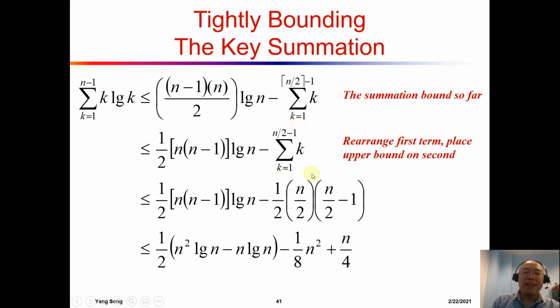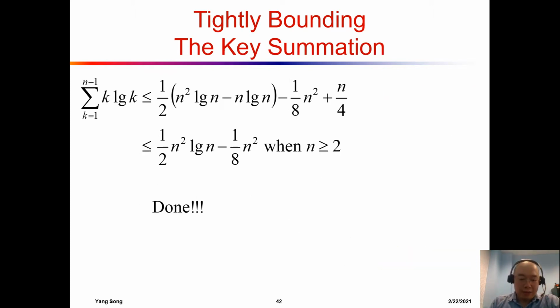You can see this is another Gaussian series, from 1 to n divided by 2 minus 1. But anyhow, we can apply the Gaussian series again, and after touching this equation a little bit more, we got this.